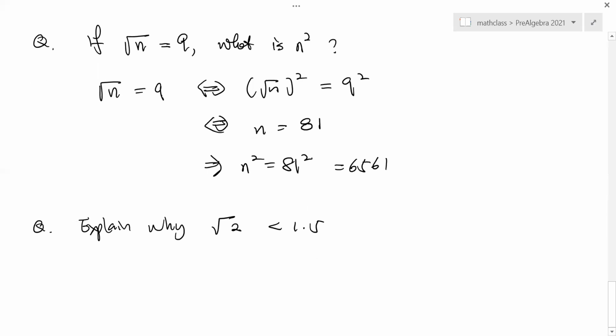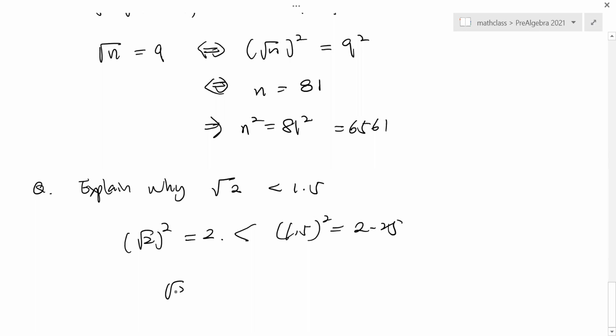Square root of 2 is not going to be an integer, clearly, but we're trying to see how big the number is. To estimate that, I just look at the square. This is 2, and 1.5 squared is 2.25. Clearly, this is less than that, so square root of 2 is less than 1.5.